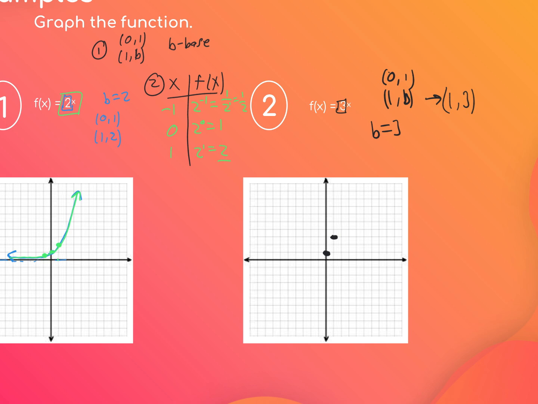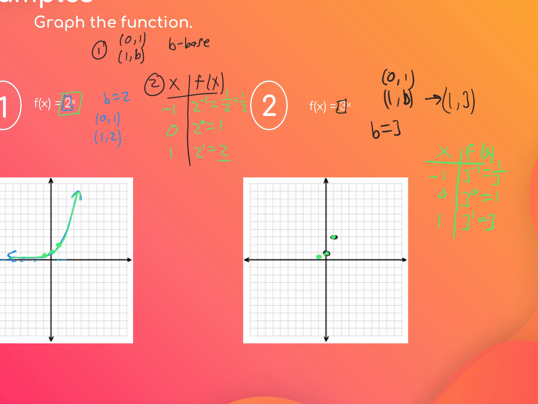Or make a table. Again, I like to pick -1, 0, 1. Then we have 3 to the -1, which is 1/3, 3 to the 0, which is 1, and 3 to the 1, which is 3. So we end up at these same points, and then we just have another one that goes down here.